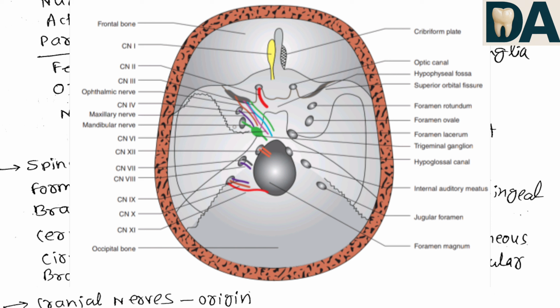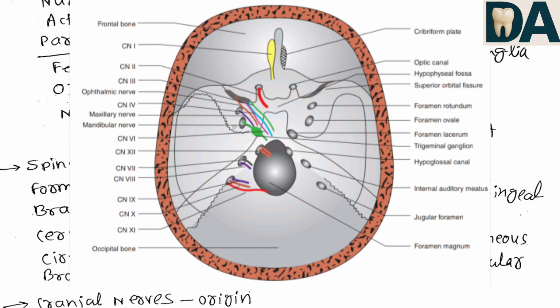Cranial nerves. Cranial nerves originate directly from the brain. They reach the head and the neck region by traversing through the numerous foramina present in the base of the cranium.